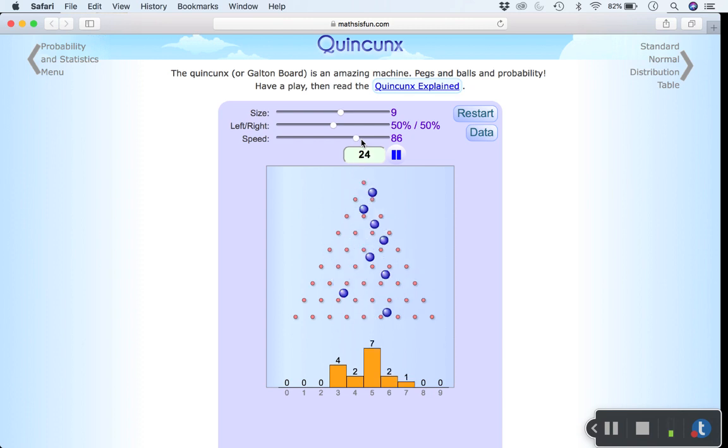So you notice that the bars that are growing the quickest tend to be those ones in the middle. And you can see it's telling us right here how many ping pong balls we've dropped so far. So pay attention to these outer corners of the game board to see how long it takes for us to land in one of those.